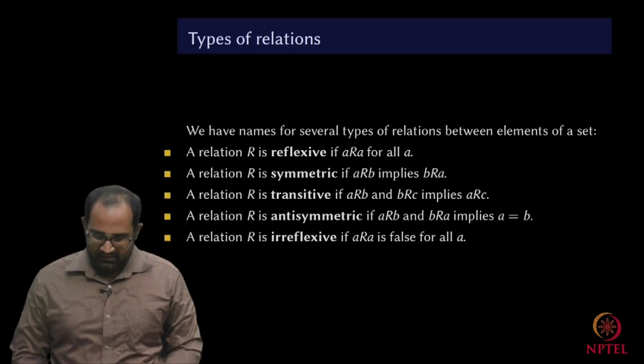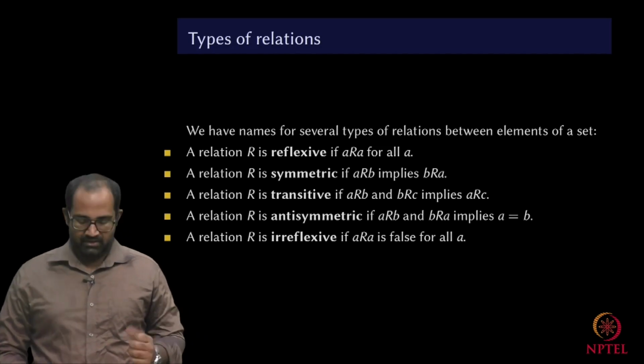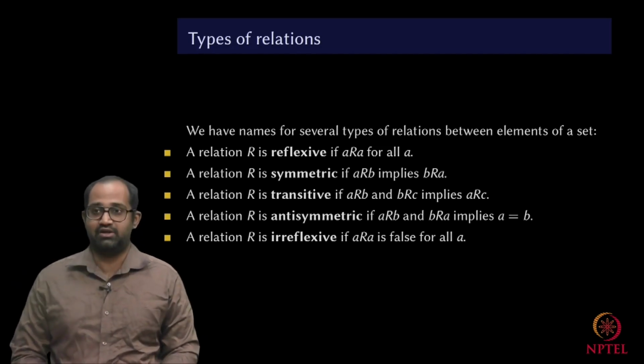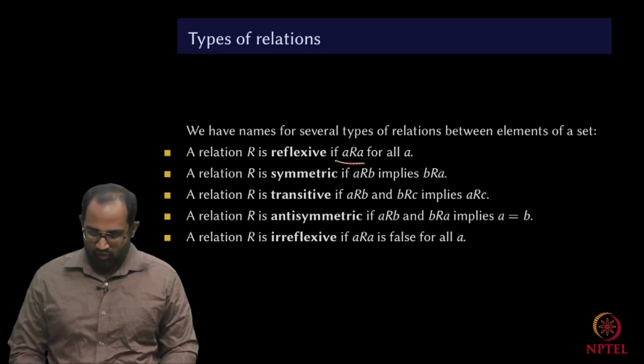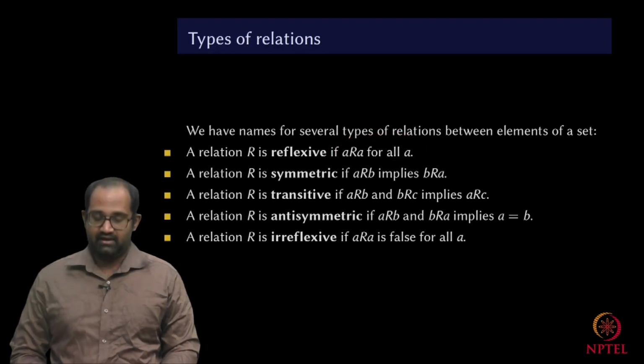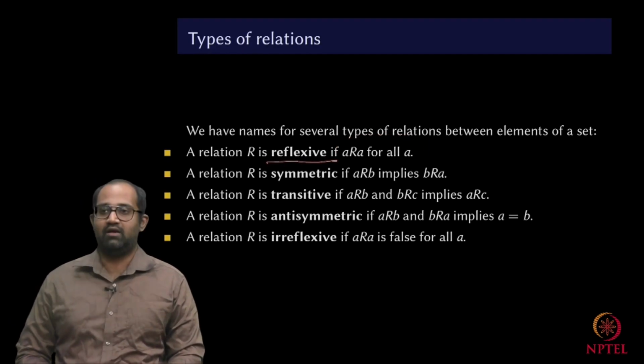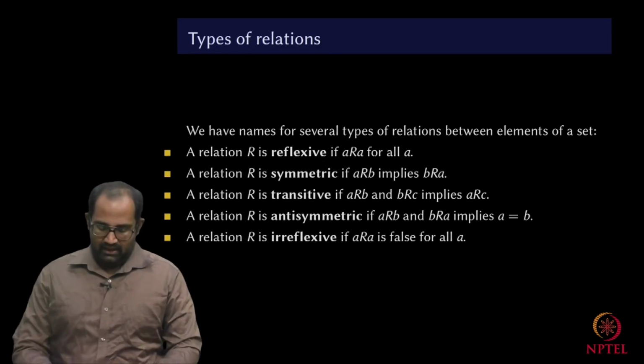The first and simplest type of name that you want to give is for a relation such that A is always related to A. Such relations are called reflexive relations.